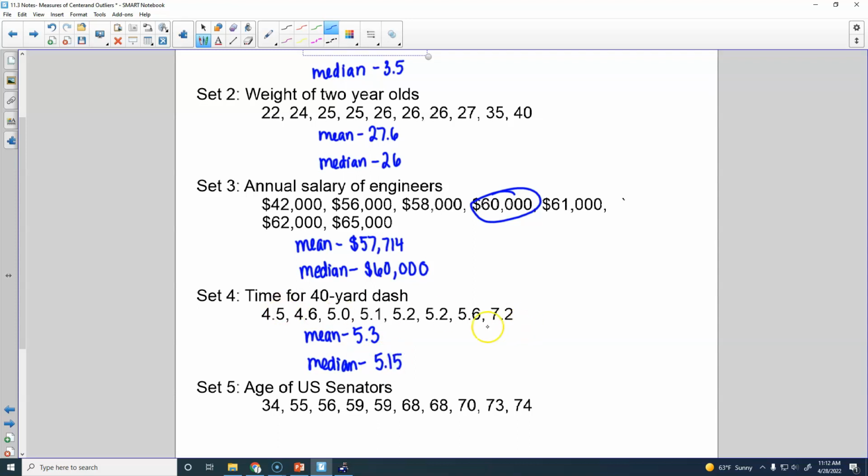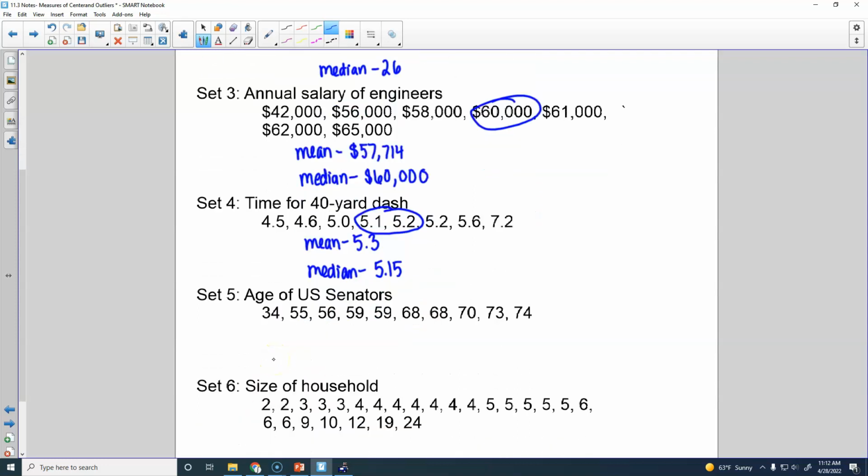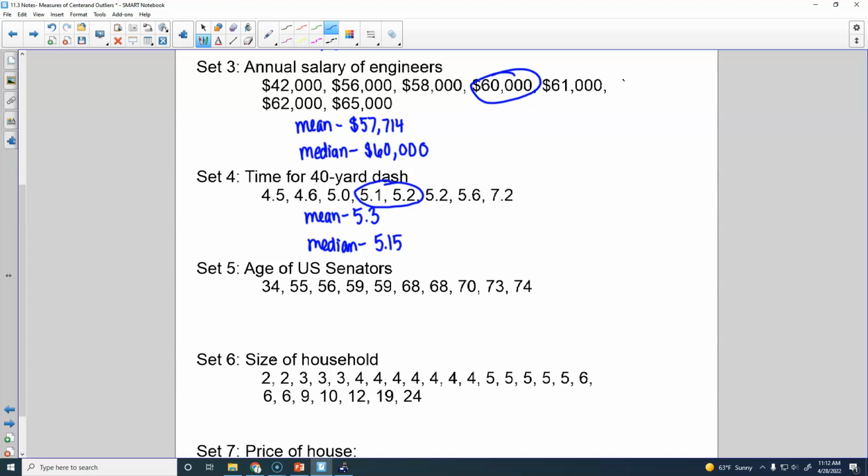Right here, you've got a case where you have 1, 2, 3, 4, 5, 6, 7, 8. Half of 8 is 4, so 4 and 5, right here, are your middle two numbers. So you have to add those together and divide by 2. Okay? All right.